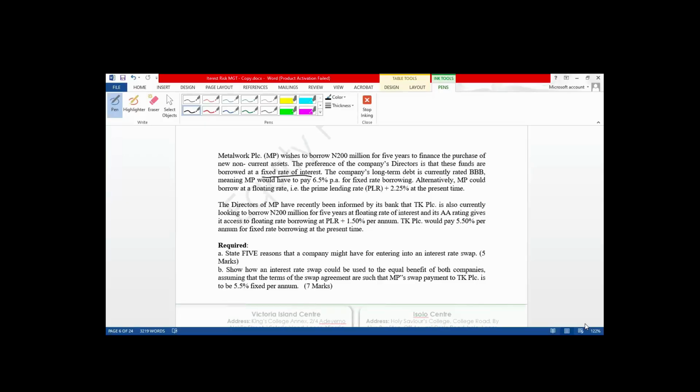That means without swap, TK will have borrowed at the prime lending rate plus 1.5%.